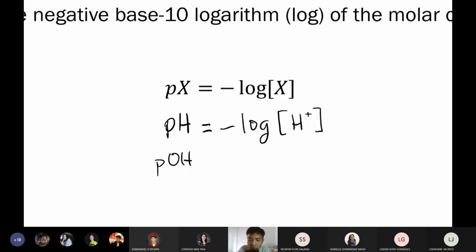O yung pOH, that's negative log of the concentration of OH in your solution. So, alam nyo naman, pH and pOH, may values yan ranging from 1 to 14, di ba? Mai-discuss natin yan kapag nandun na tayo sa topic na yun. Okay? So, sa ngayon, ito lang muna.